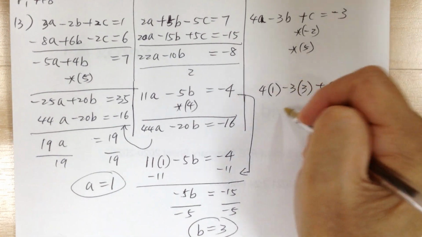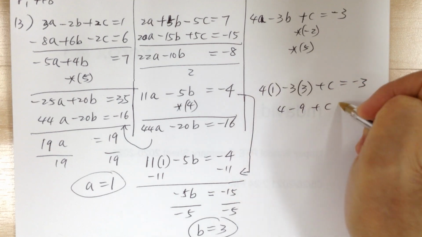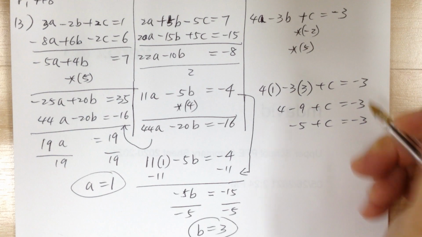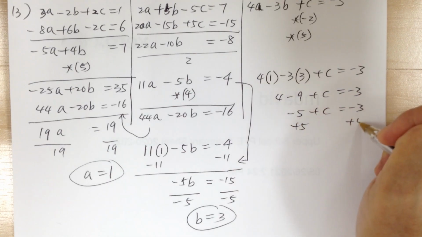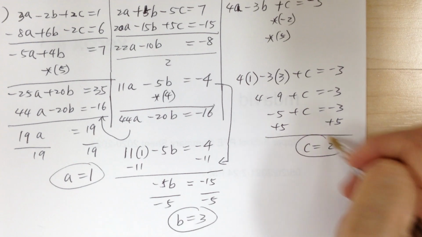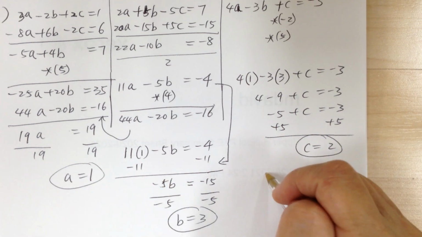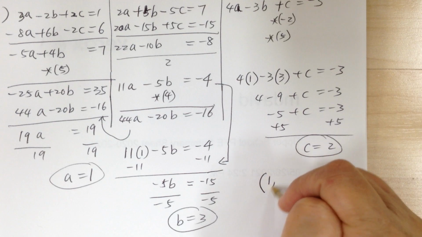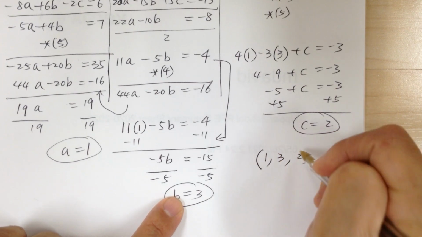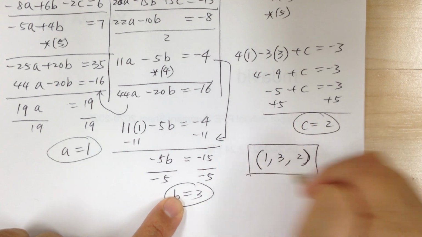So 4 minus 9 plus c equal to negative 3. So negative 5 plus c equal to negative 3. Plus 5 on each side. Again, this is just standard solving. So c equal to 2. You can leave it like this, or put it in order: a is 1, b equal to 3, and c equal to 2. That's your answer.